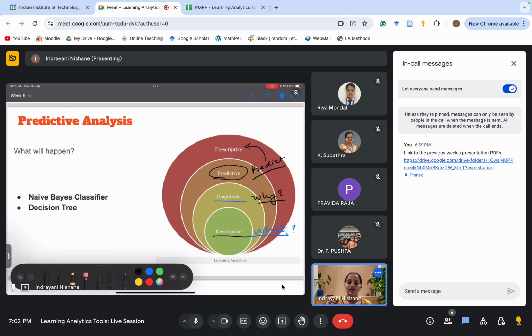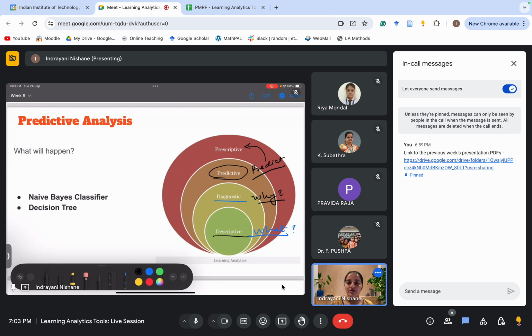What we do is we try to predict at-risk students. We try to predict students who are going to pass, or students who are going to fail, or students who will be scoring below or above a certain range. With this set of features, we can predict that a particular student is going to pass or fail, and feed that prediction to the prescriptive module of our learning environment.